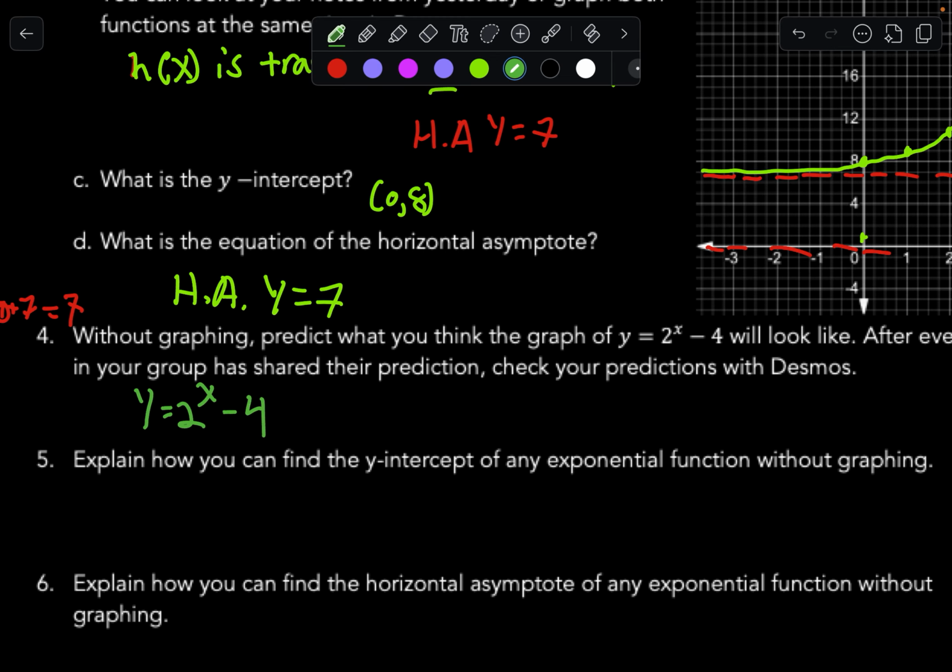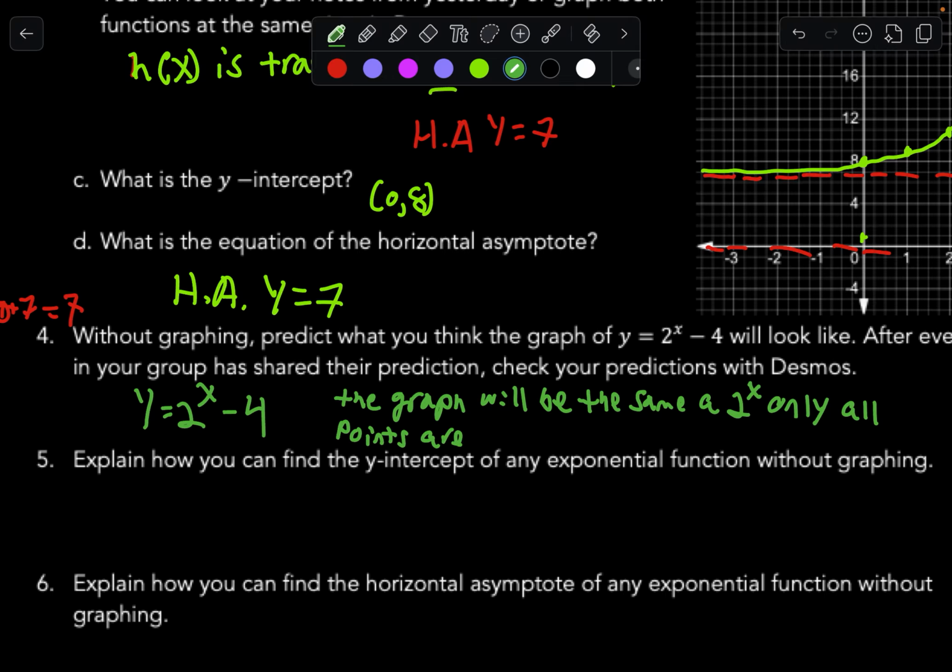Well, the graph will be the same as 2 to the power of x, only all points are shifted down because we're subtracting 4 units.